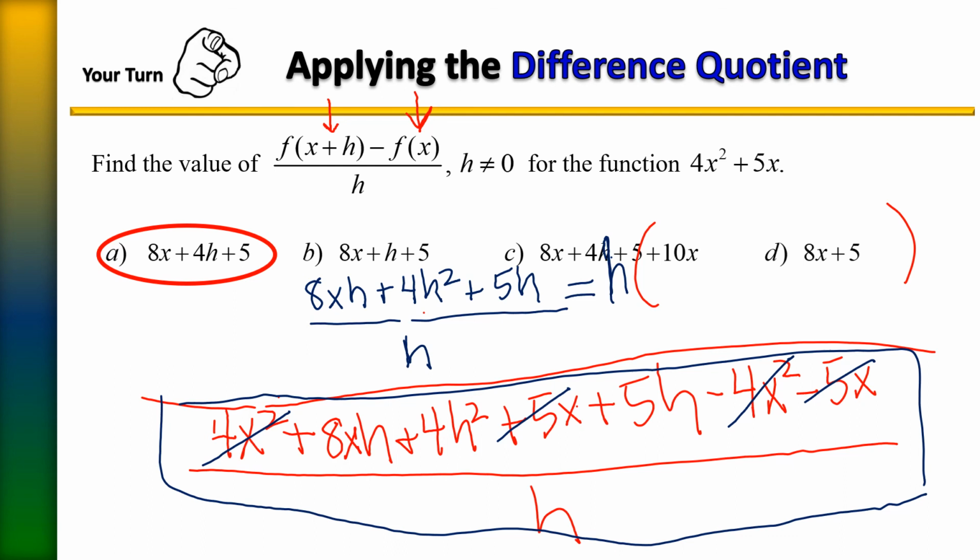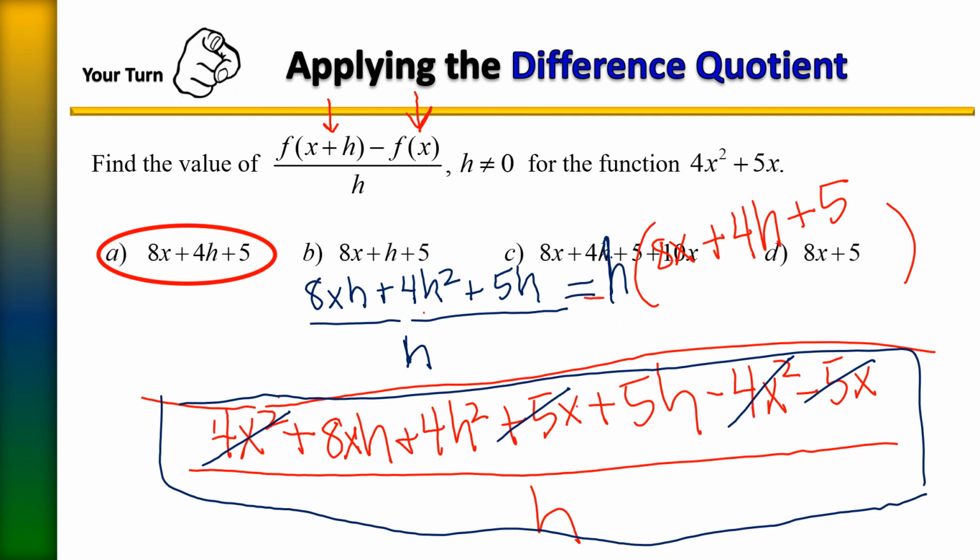Okay, so if we take the h out of that first term of 8xh, what we're left with is simply 8x. And if we take the h out of the 4h squared, we're going to be left with plus 4h. If we take the h out of the 5h, we're just left with 5.